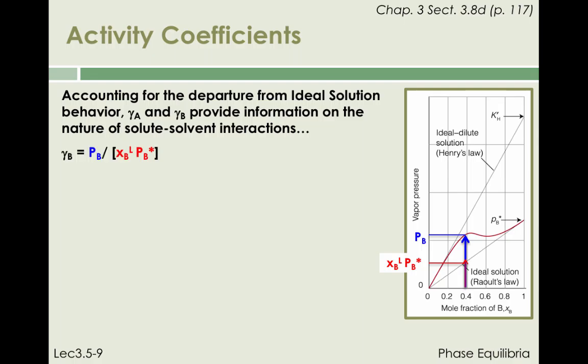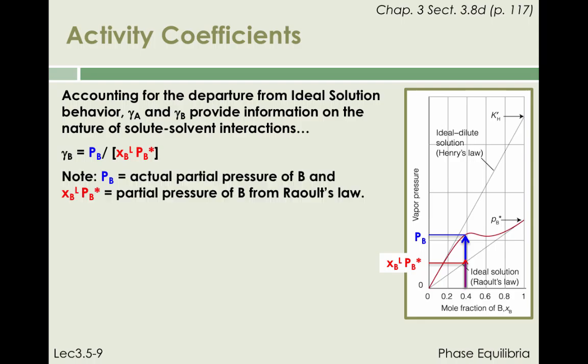First, recall that we define gamma_B as P_B over X_B^L P_B star. P_B is the actual vapor pressure of component B above the solution, while X_B^L P_B star is the partial vapor pressure that the solute B would exhibit if it followed Raoult's law.